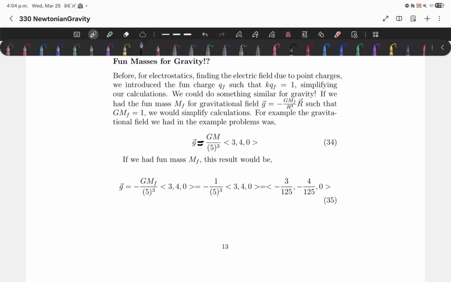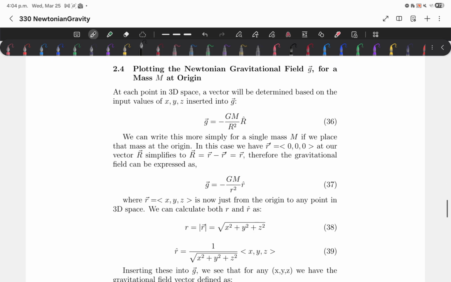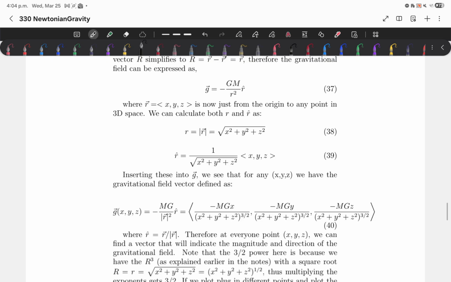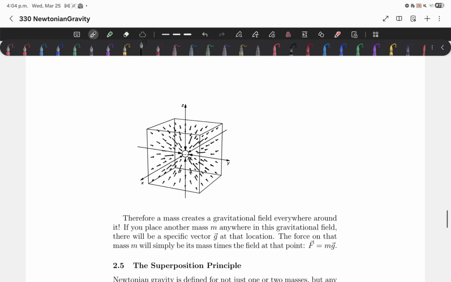All right, so we're going to talk a bit about plotting g here. We have the gravitational field, negative GM over r squared times the r unit vector. Now, how can we take this equation and rewrite it in a way we can plot on an x, y, z plot? You want to see what all these vectors look like. Well, we can place a mass at the origin such that r prime is 0, so big R is just little r.